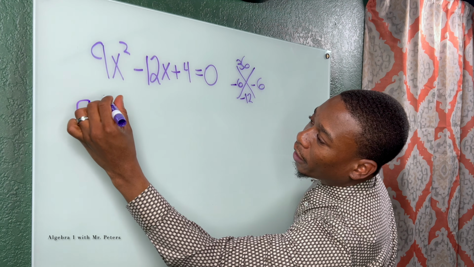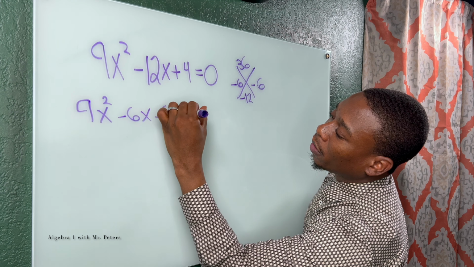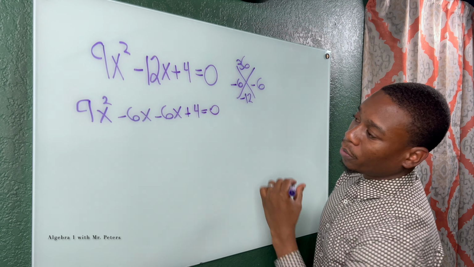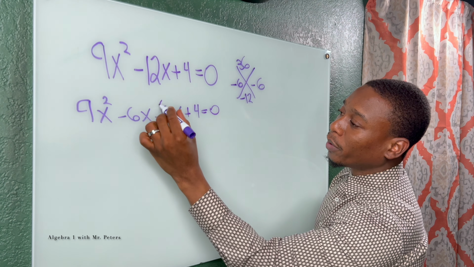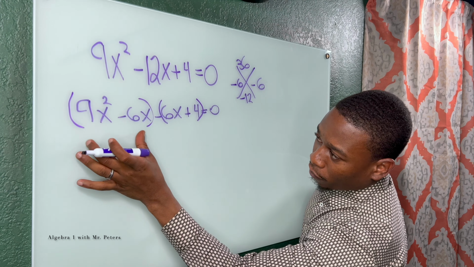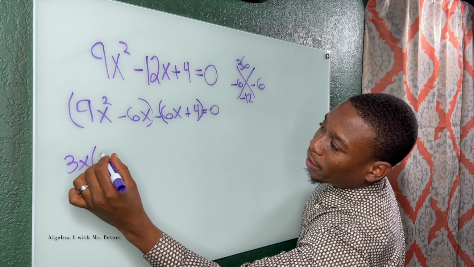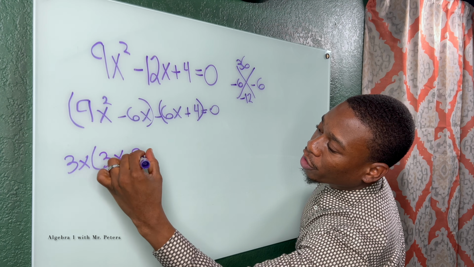So we go in 9x squared minus 6x minus 6x again plus 4 is equal to 0. Now we're going to factor by grouping. So the first set of parentheses, I'm going to take out a 3x. Once I take that out, I'm left with 3x minus 2.